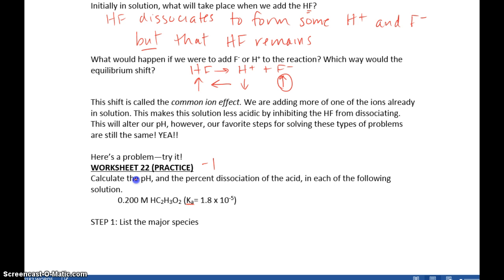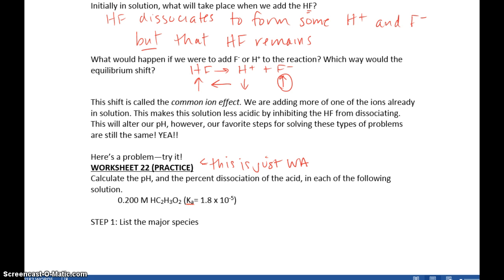And I have my HCOO minus, because I really don't need that Na anymore. I could write it as COOH. Notice it's the same thing. COOH is 1 carbon, 2 oxygens, and a hydrogen. And that's 0.1 molar.